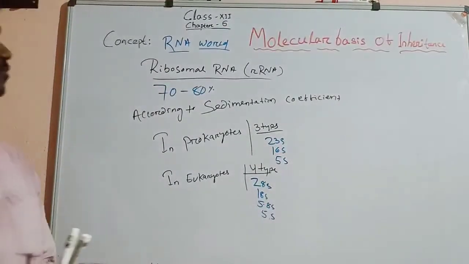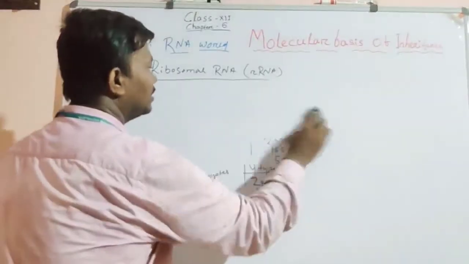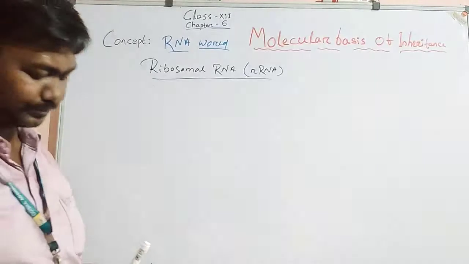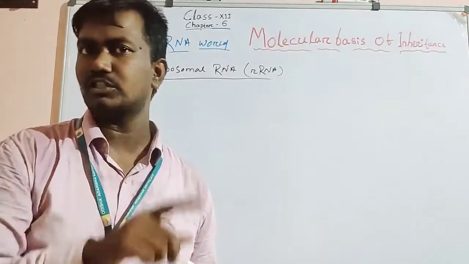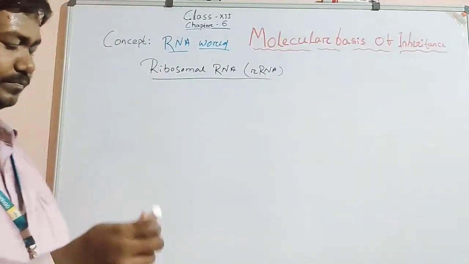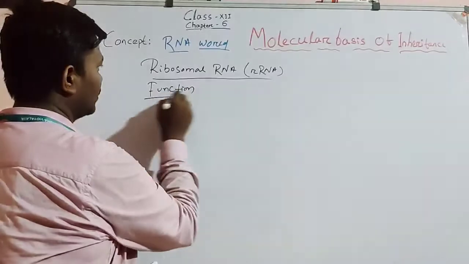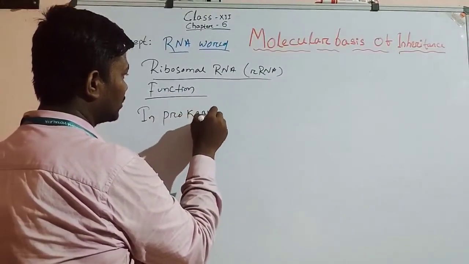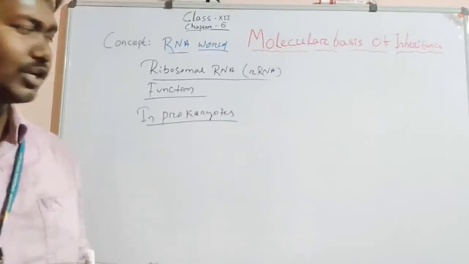Then come to the function of ribosomal RNA. Basically, ribosomal RNA is the main constituent of ribosome. In prokaryotes, there are two subunits of ribosome, a larger subunit and a smaller subunit.